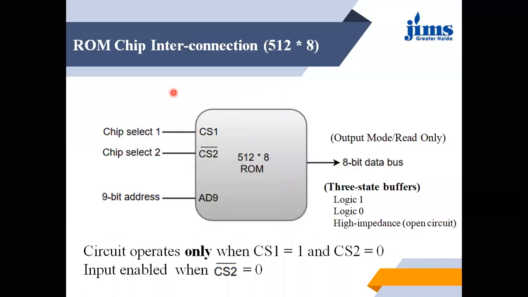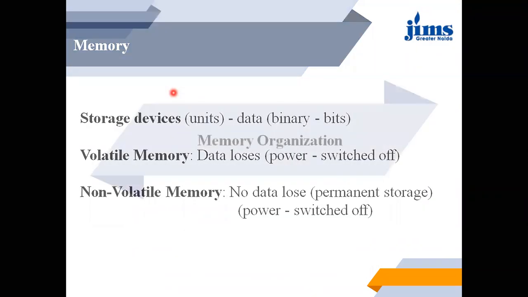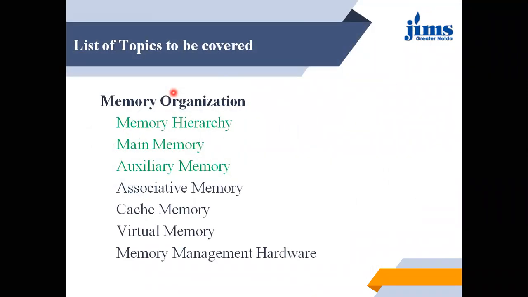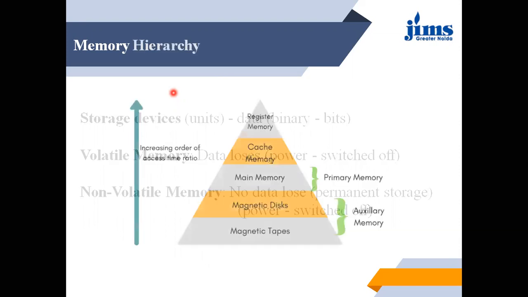So let us summarize what we discussed about memory organization today. We discussed memory hierarchy, types of memory, main memory, and auxiliary, that is secondary memory. We discussed the storage type, that is volatile and non-volatile.